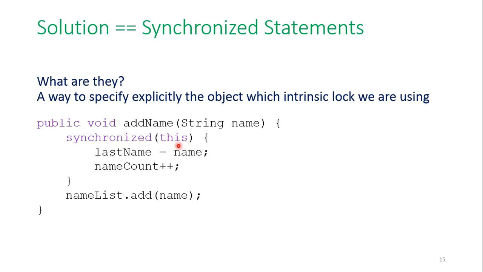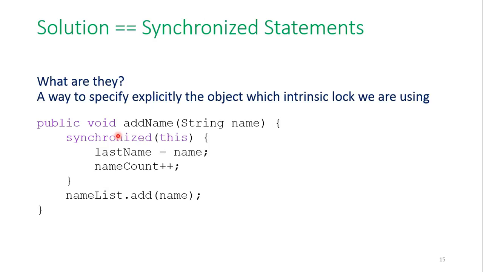So in this case, I pass my implicit parameter this to synchronized, which means that I'm going to use the intrinsic lock of the object on which the method is called to do the synchronization. In this case, it's not really much better than having a synchronized method. But we're going to see other examples where we use more flexible settings. The idea is to introduce the syntax first.